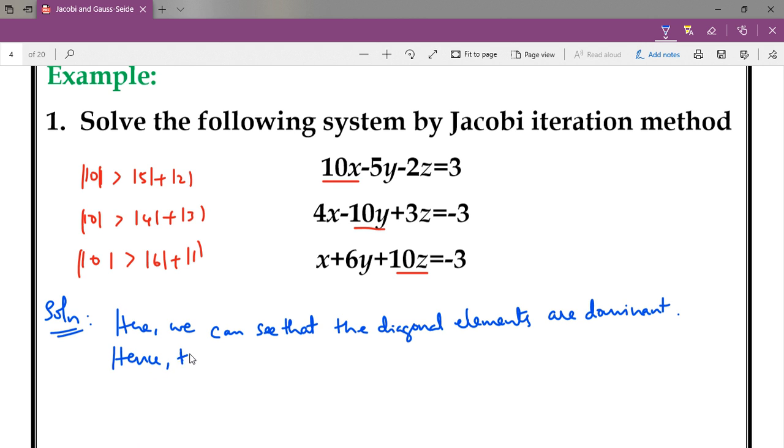Hence the iteration process can be applied.